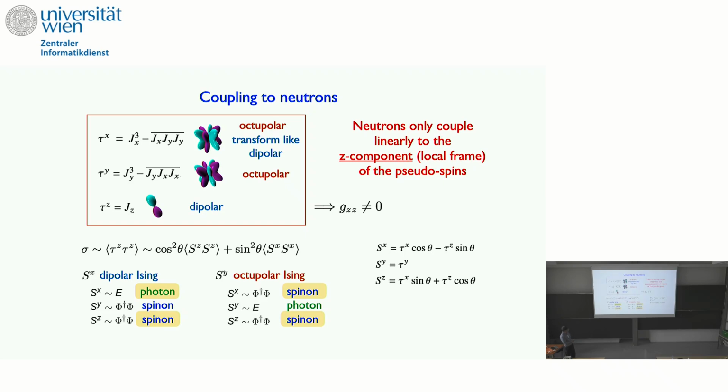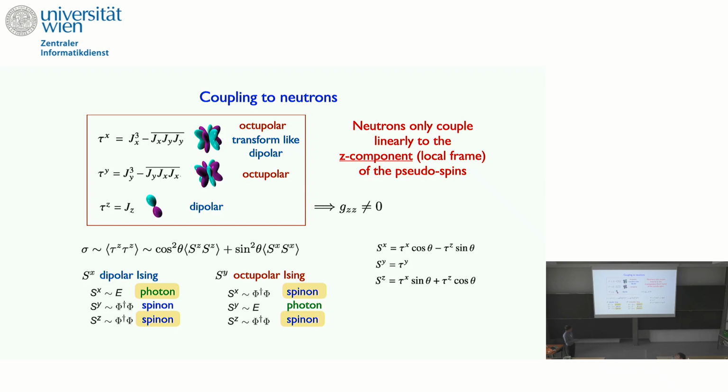In this case, the X component will be related to the photon degree of freedom, and the Z component will be related to the spinon degree of freedom. So you can observe both the emergent photon and spinon. But in this case, you're only sensitive to spinon excitation, and you cannot see a photon excitation.